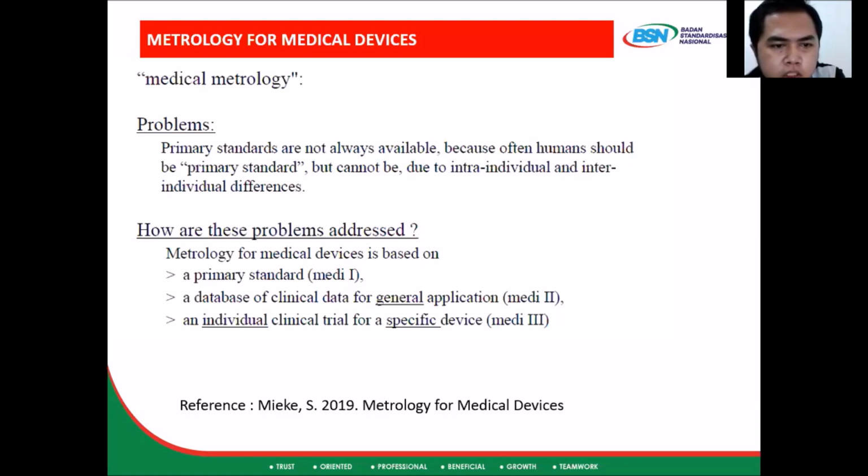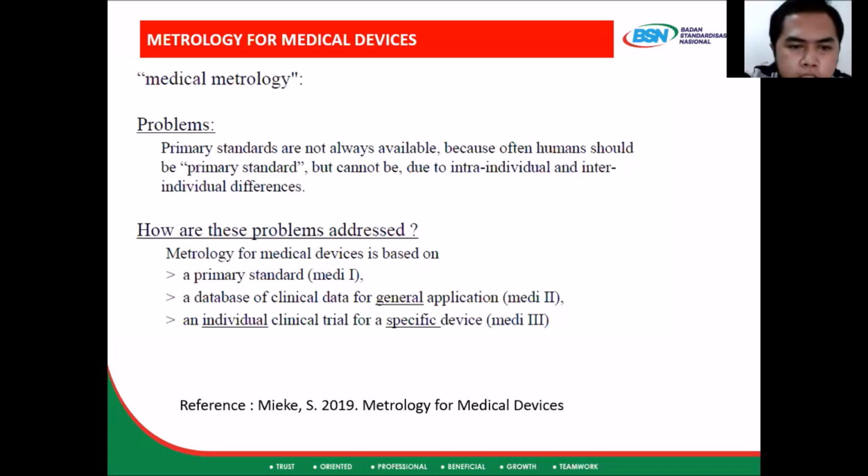So the methodology for medical devices is based on a primary standard. Dr. Stephan Mieke categorized it into three categories: MEDI 1, MEDI 2, and MEDI 3.